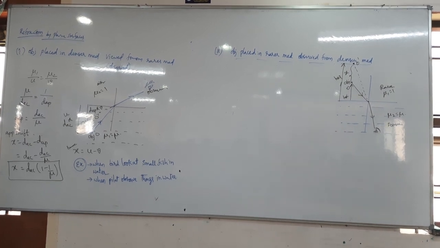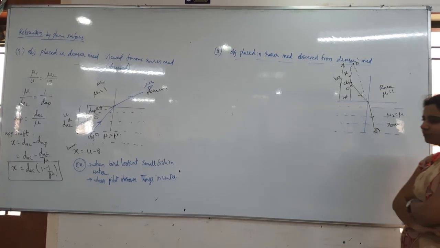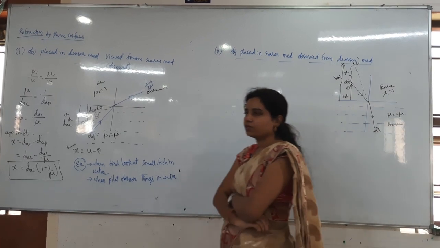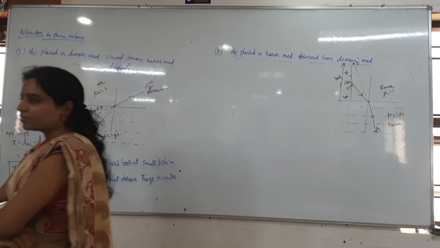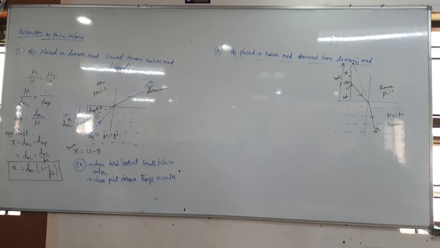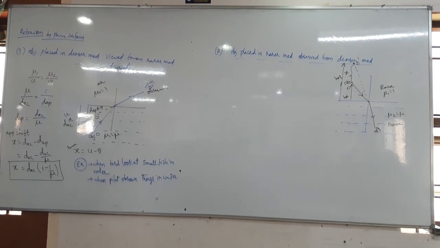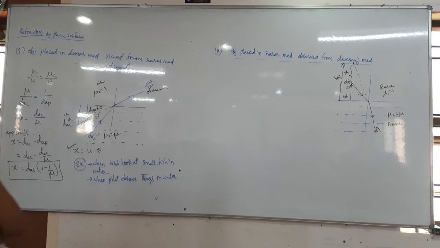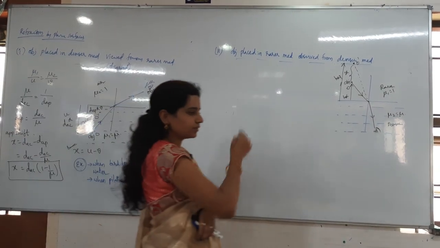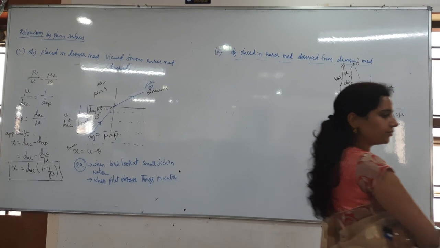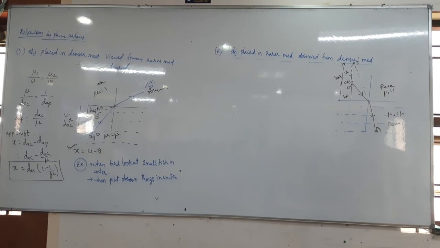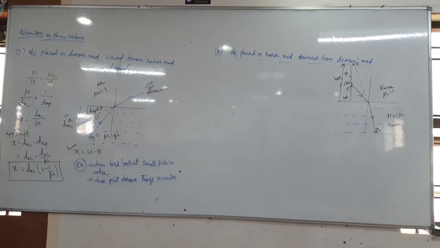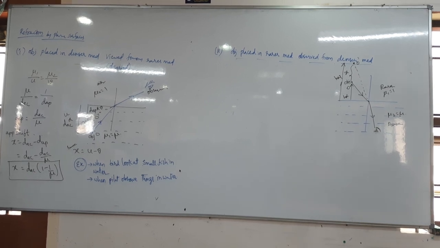When the object placed in the rarer medium is observed from the denser medium, it appears like it has more height than the original.